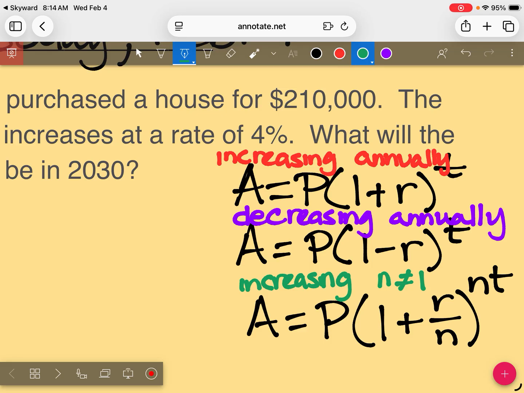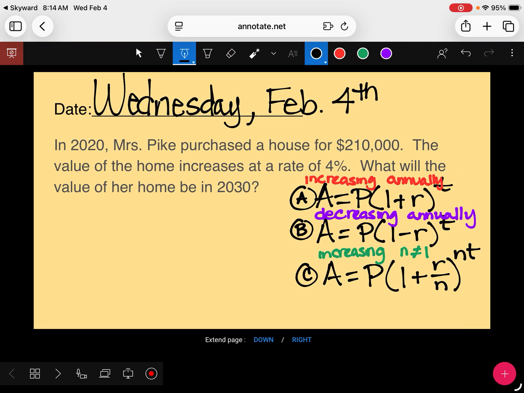I think the hardest part, because we give you all of these formulas, is for you to figure out what formula we use, okay? So I label these A, B, and C. So I'm going to read the question, and then I'm going to ask you all what formula you would use.